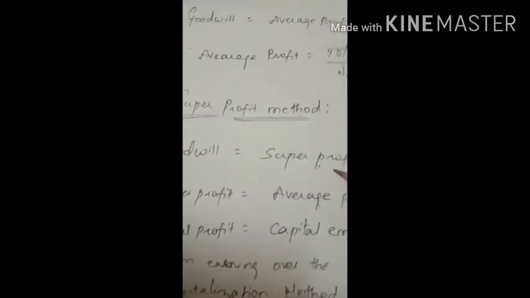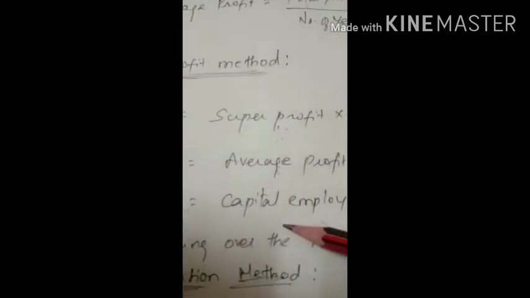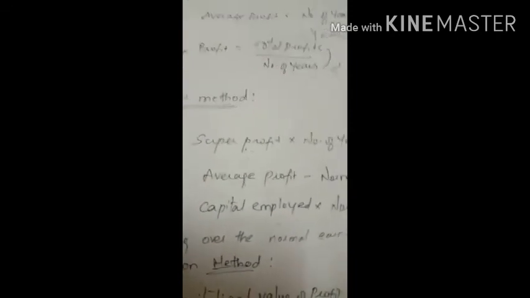So to find out goodwill, we have super profit into number of years of purchase. The super profit is calculated by average profit minus normal profit. We know how to calculate average profit. For normal profit, we use capital employed, how much capital is being used for the business.